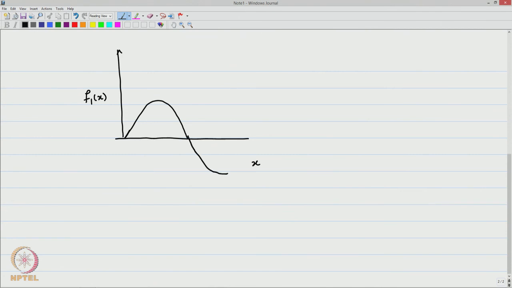This is the maximum, and if you recall the function as a1 sine a1 x, the maximum is a1, and it happens for x equal to pi by 2 a1, so that this becomes sine pi by 2.